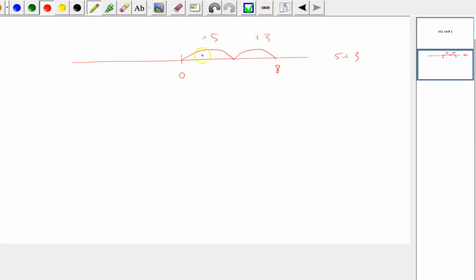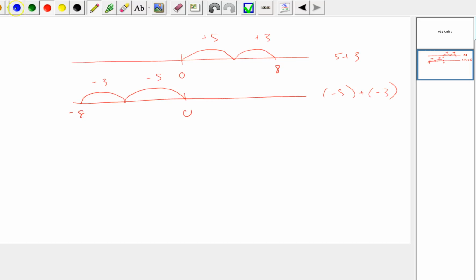And notice we're accumulating in the positive direction, so there's no canceling out or reversing direction. And then if we have -5 plus -3, again, we start at 0, we move 5 in the negative direction, 3 in the negative direction, and we get -8.